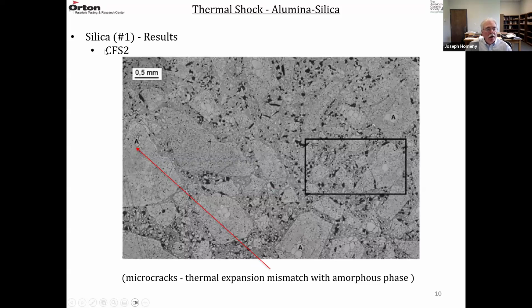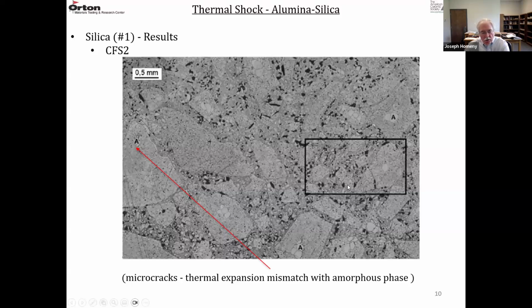And this is the other crystallized material, CFS2. There's some areas here and over here. You can see them, quite a few areas that are still amorphous.